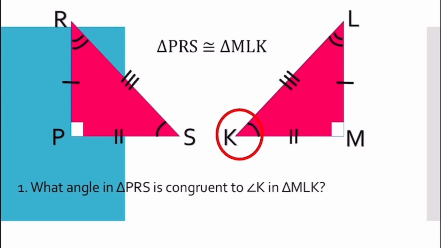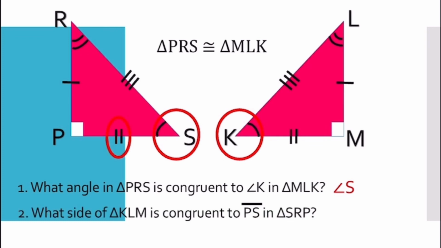Yes, that's right. The answer is angle S. Now, for our next question, what side of triangle KLM is congruent to line segment PS in triangle SRP? Yes, that's right. The answer is line segment KM.